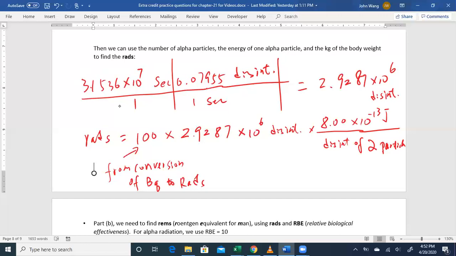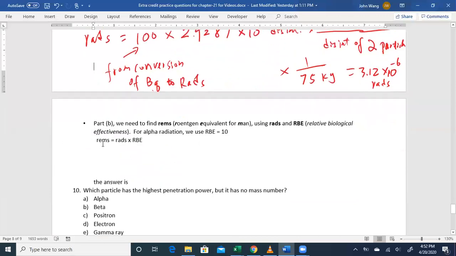Then you have to divide by the kilograms, which is the definition of becquerel or rad. The given information is 75 kilograms. So you get 3.12 times 10 to the negative 6 rads. Okay, so that finishes part A.